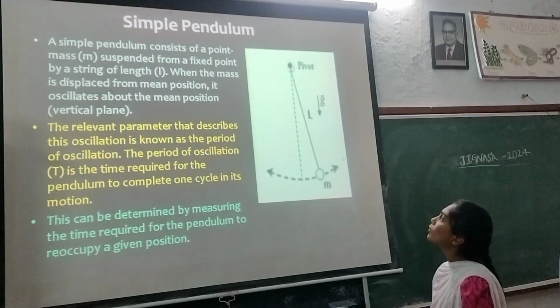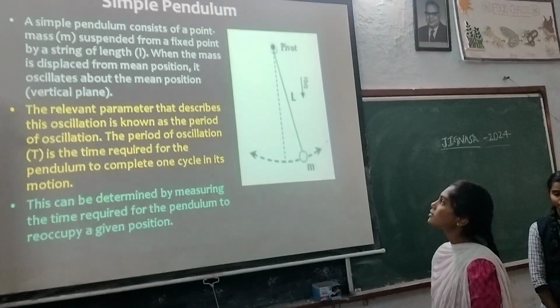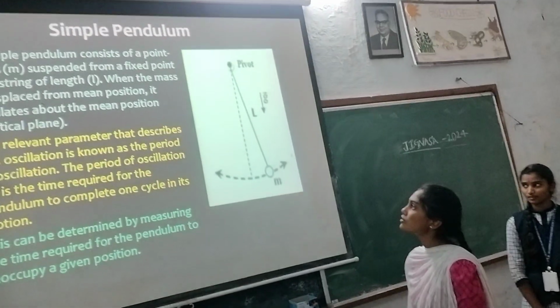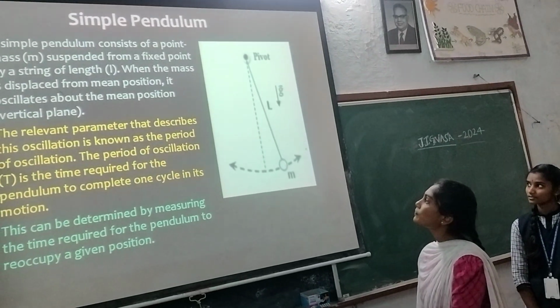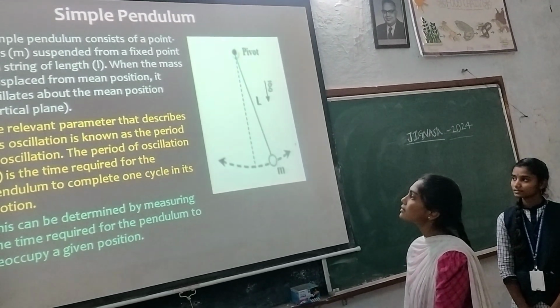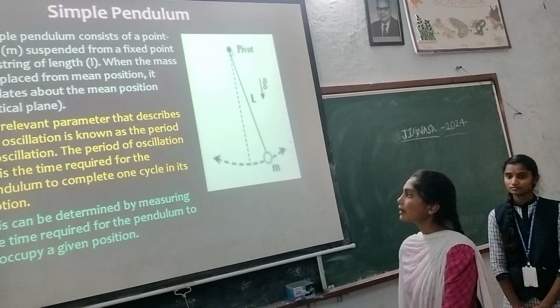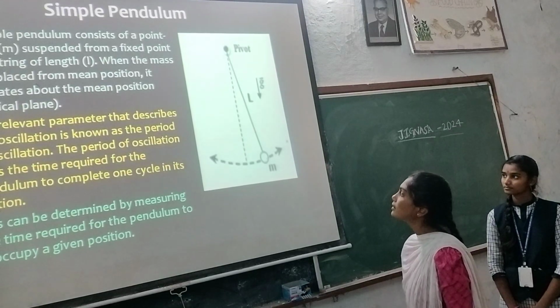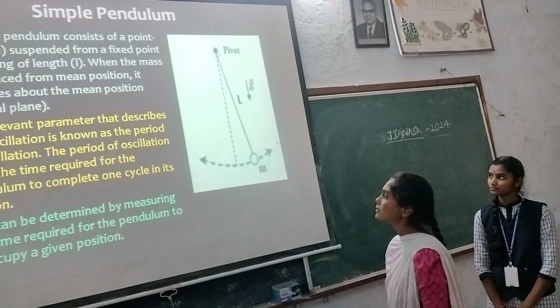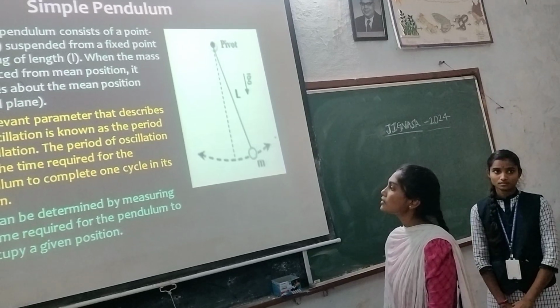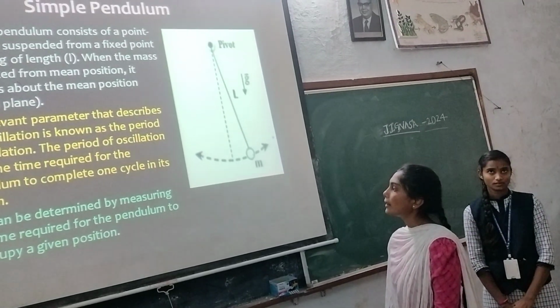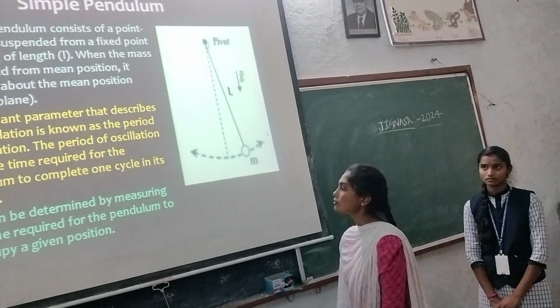A simple pendulum consists of a point mass m suspended from a fixed point by a string of length L. When the mass is displaced from mean position, it oscillates about the mean position in a vertical plane. The relevant parameter that describes this oscillation is known as the period of oscillation. The period of oscillation T is the time required for the pendulum to complete one cycle in its motion.